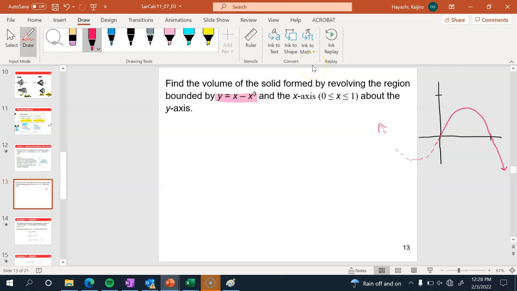But it's formed by revolving the region bounded by this and the x-axis. So that's right here, and that's going to be this boundary. So that the enclosed region is this shape right here.